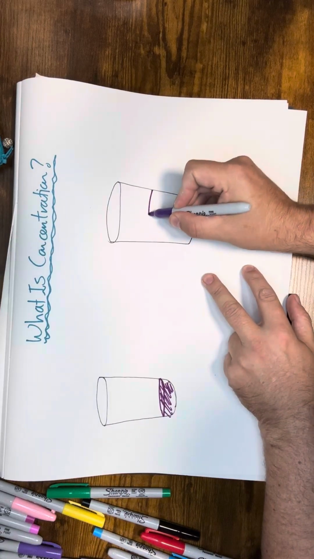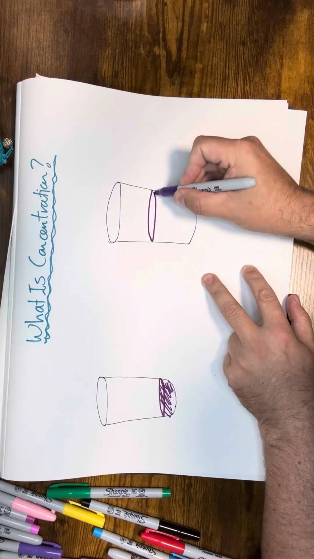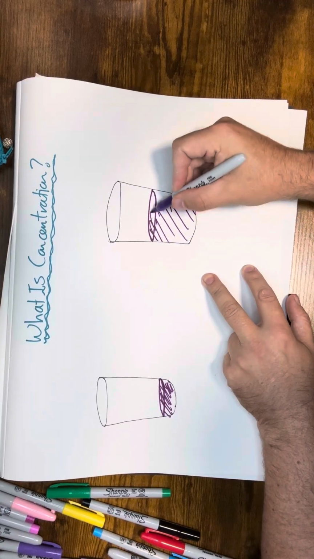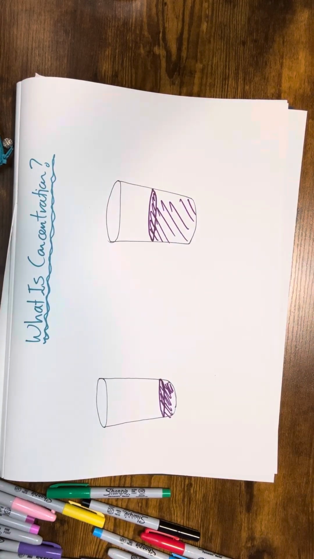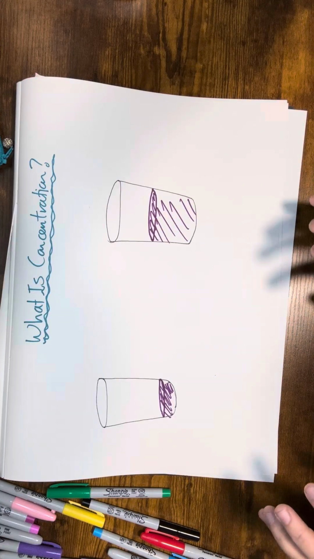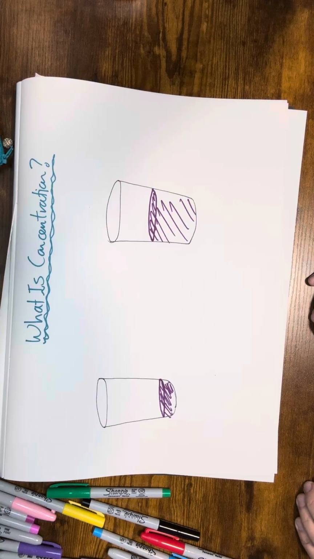If I put this much Ribena in and fill the rest up with water, I will have an entirely different drink. So the question I want you to ask yourself now while you look at these, which one is the strongest solution of Ribena? Which is the most concentrated solution of Ribena?